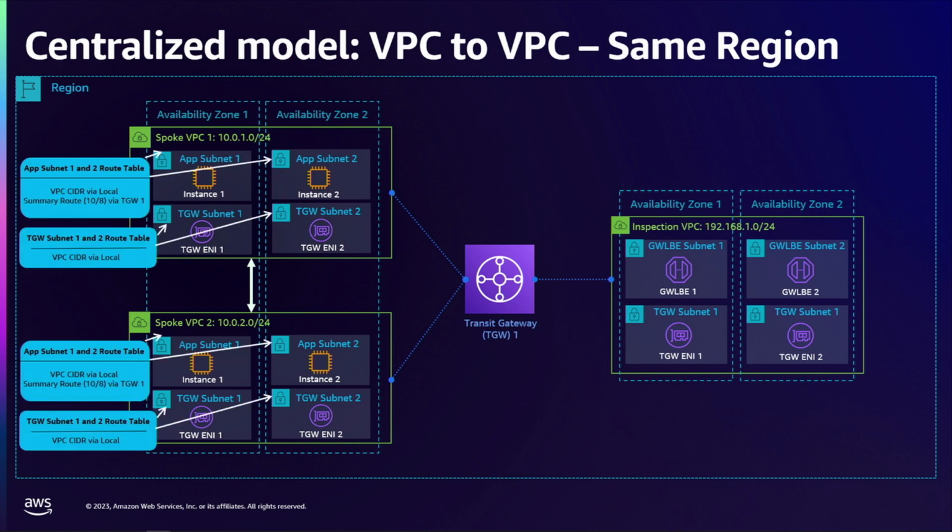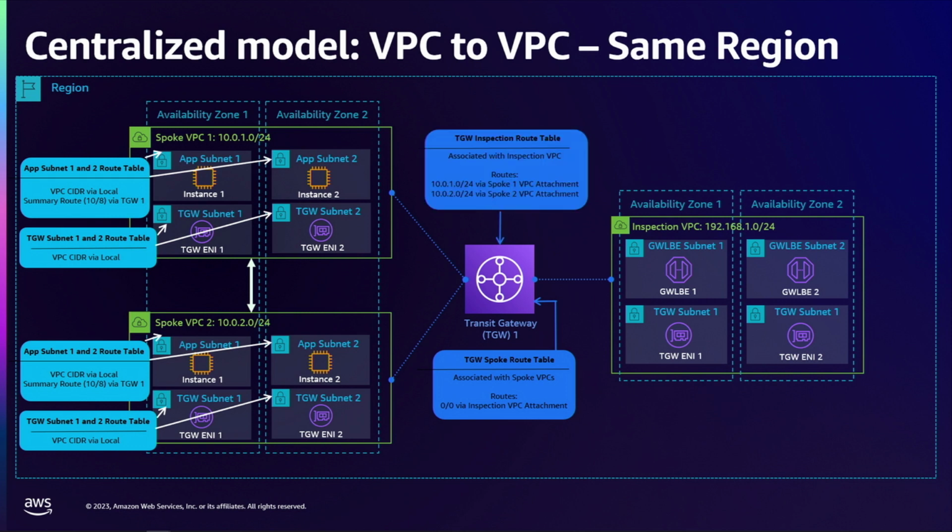How does that work? My routing tables for the instance where my application is deployed will point everything to my Transit Gateway endpoint. So the traffic from VPC1 to VPC2 will go through my Transit Gateway endpoint. But now the magic happens on the Transit Gateway, where I will have different associations with different route tables. And I will have one route table such that when the traffic comes from VPC1, all the traffic will not be sent to VPC2.